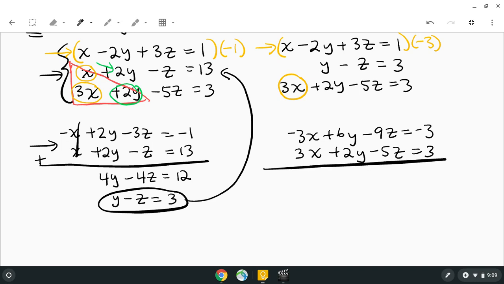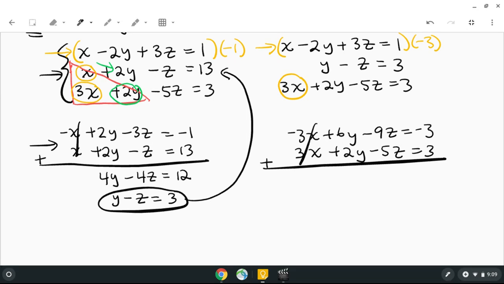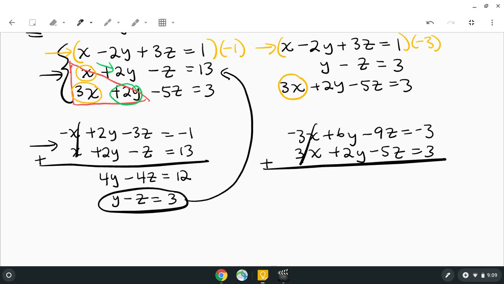Well, if I combine these, the 3x gets canceled, and I end up with 8y minus 14z equals 0. Nothing wrong with that 0. 0 is a valid number. So this one where the x is eliminated will replace that third one.